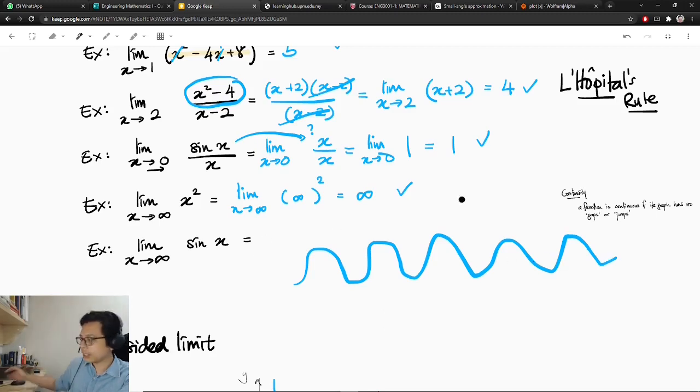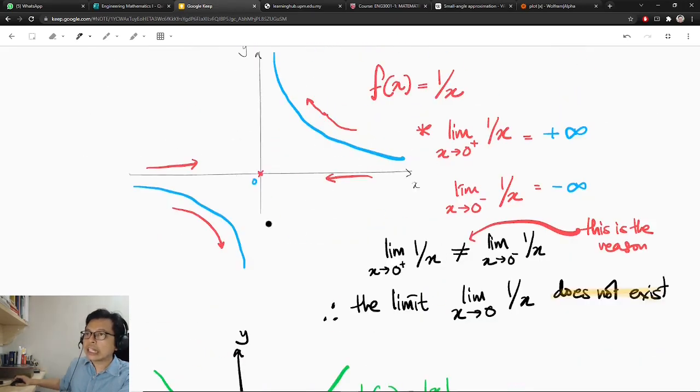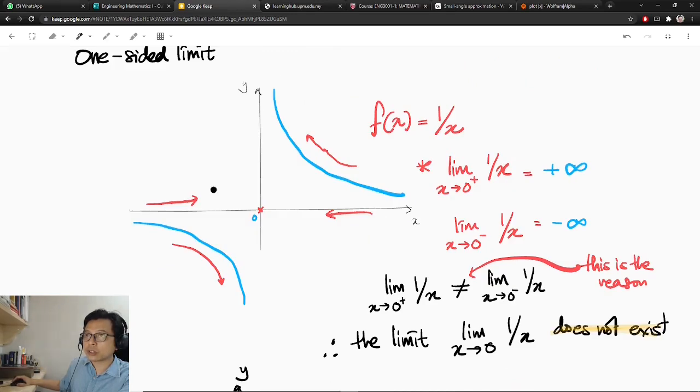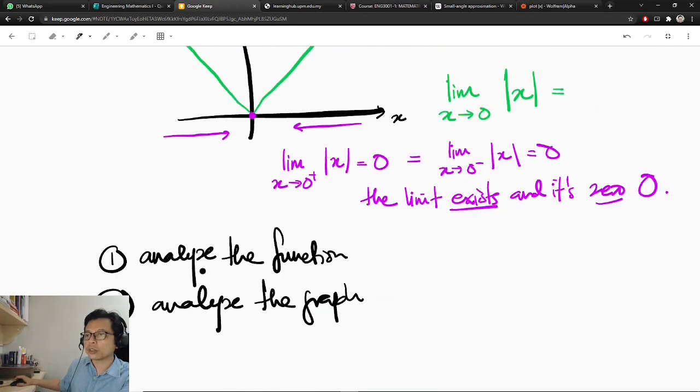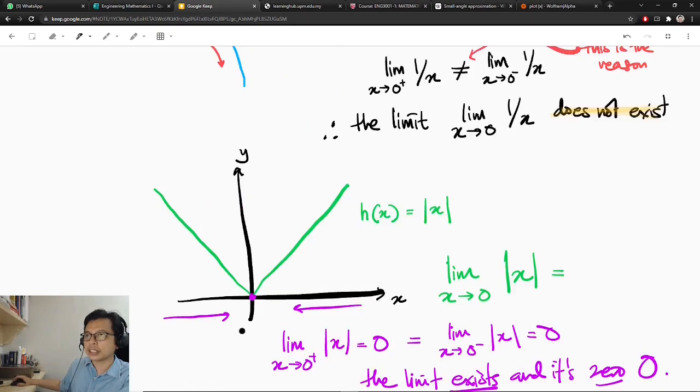So here we call this does not exist. We did the same with this one also. This is what we call a one-sided limit. We check one side, and then the other side, and then we check both sides. It's not equal, so we conclude that the limit does not exist. This is also analyzing by using the graph.